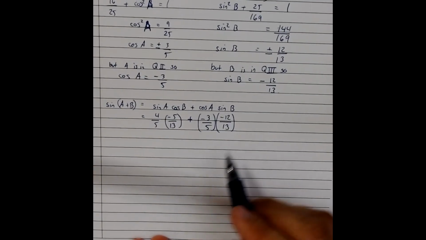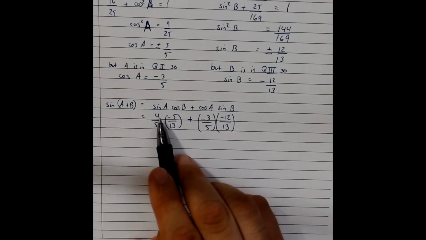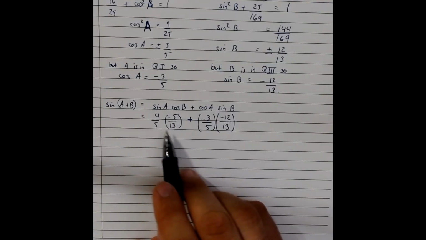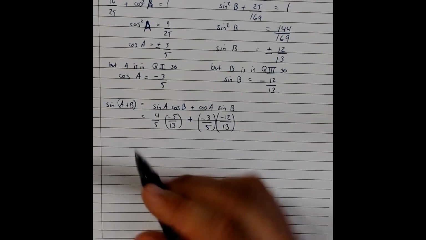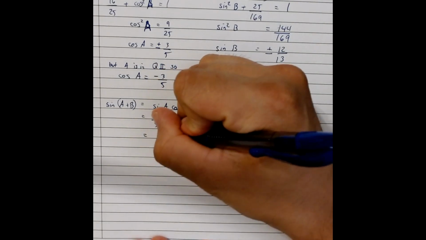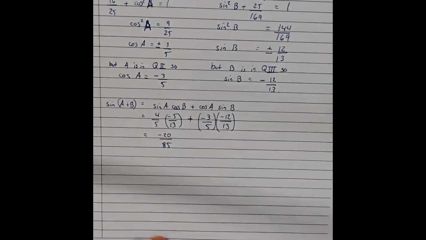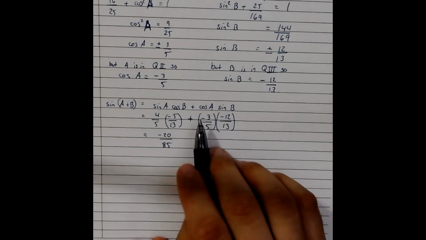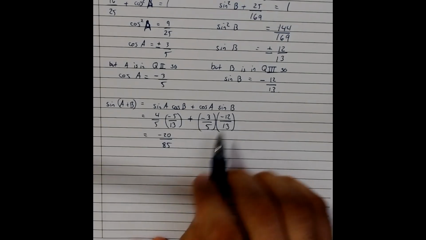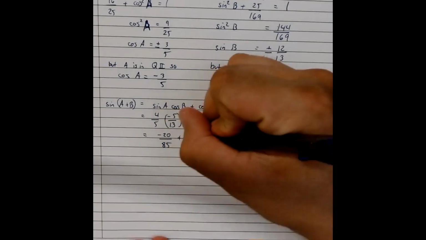Okay. Here we can multiply these across. That's going to be negative 20 over 85. Just like that. And I can go ahead and multiply these across. Double negative makes that a positive. Positive 36 over 85.